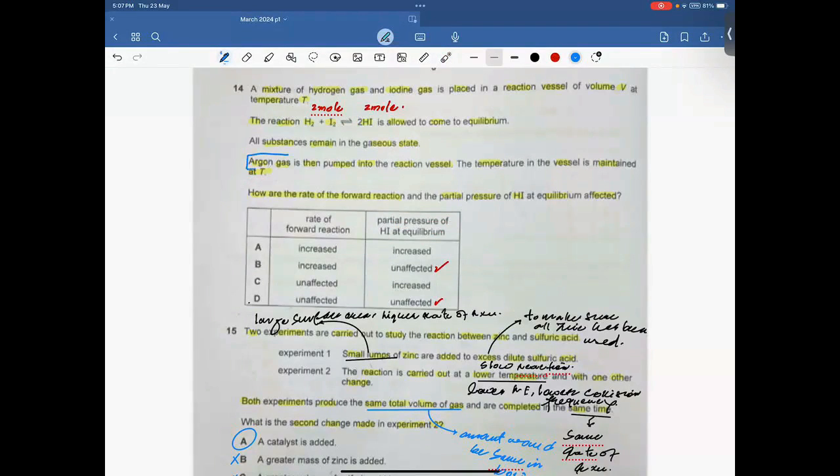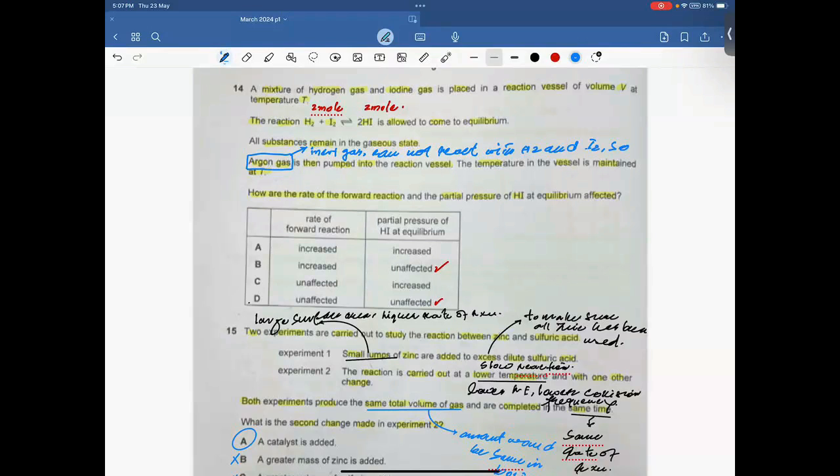What happens if we add argon gas? So the point is, argon is an inert gas. It cannot react with hydrogen and iodine.